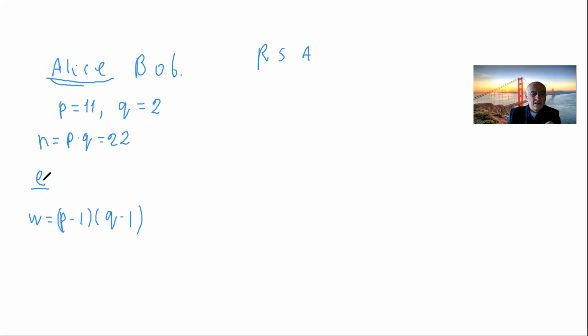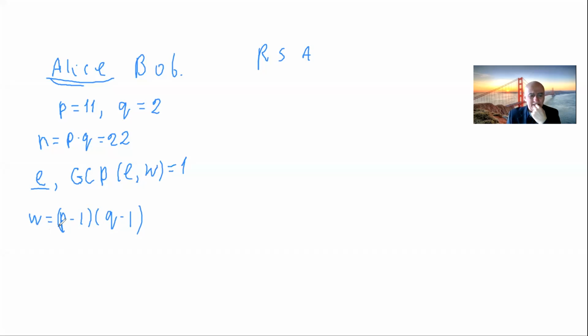So E and W must be relatively prime numbers. I can write here that the greatest common divisor of E and W must be equal to 1.